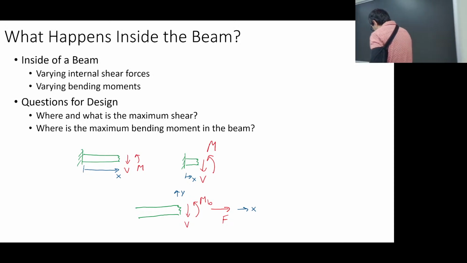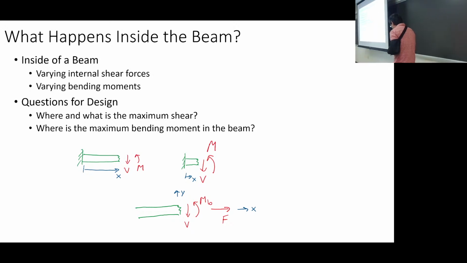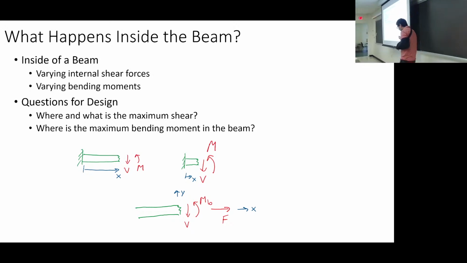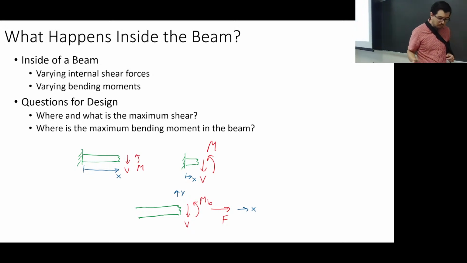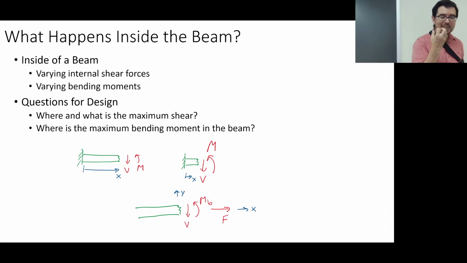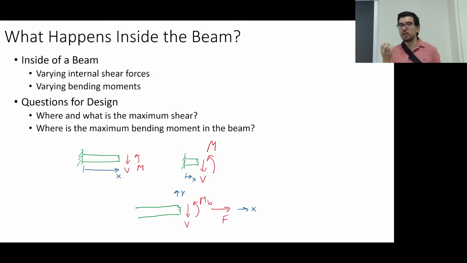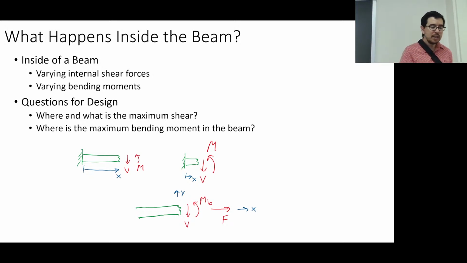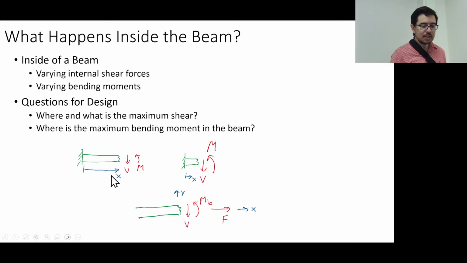We can have a varying shear force. I'm saying stress because that's where we want to go. But as we make these diagrams, we're going to have varying shear forces and varying moments, and where those shear forces and bending moments are the highest, those are the potential hot spots.